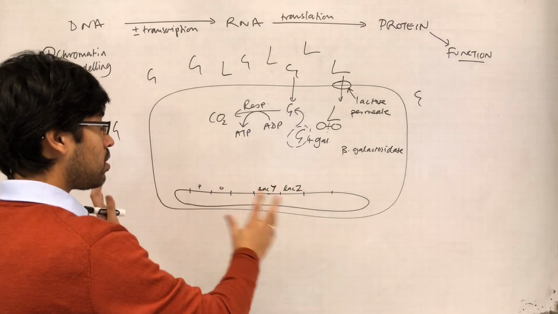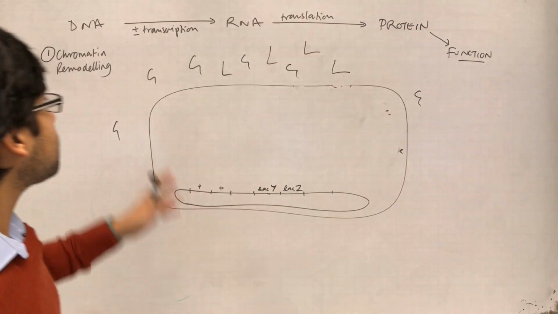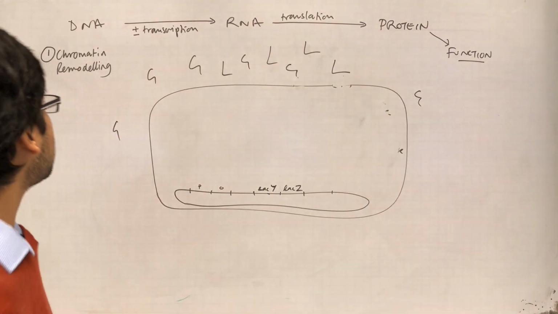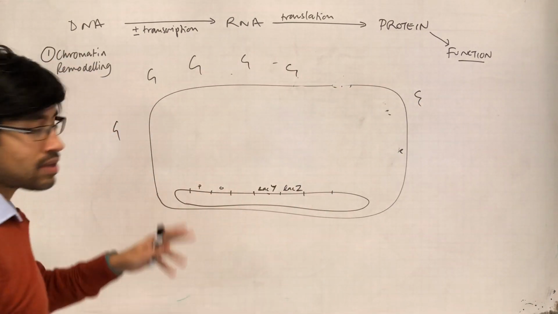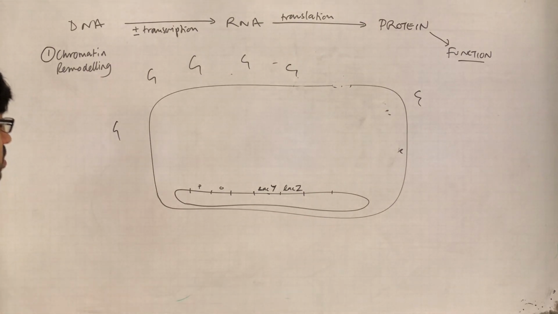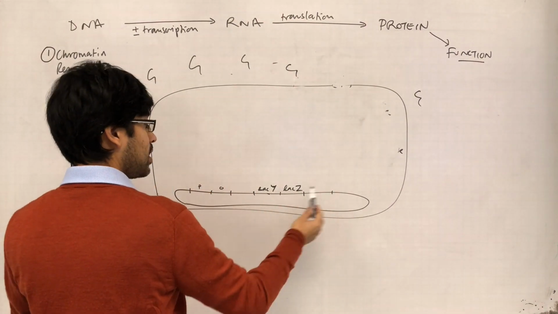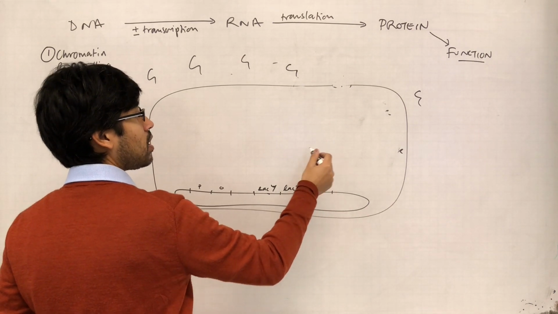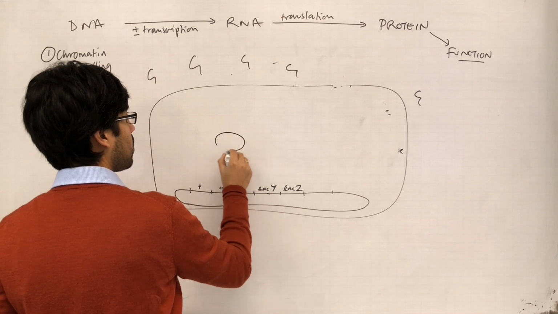So we've got our situation set up. Now let's see how that happens. In a situation where there is no lactose, but the preferred substrate glucose is available, one of the genes in the Lac Operon encodes a repressor protein.